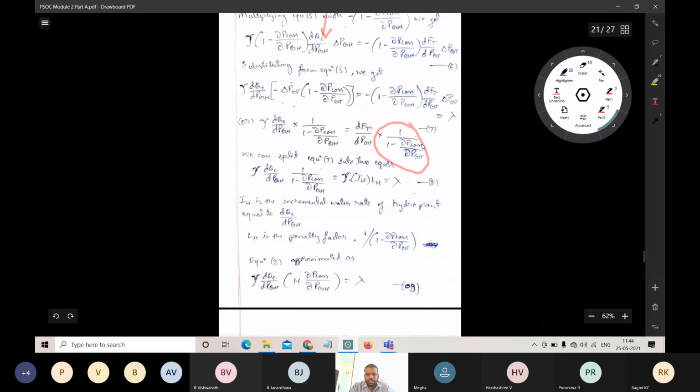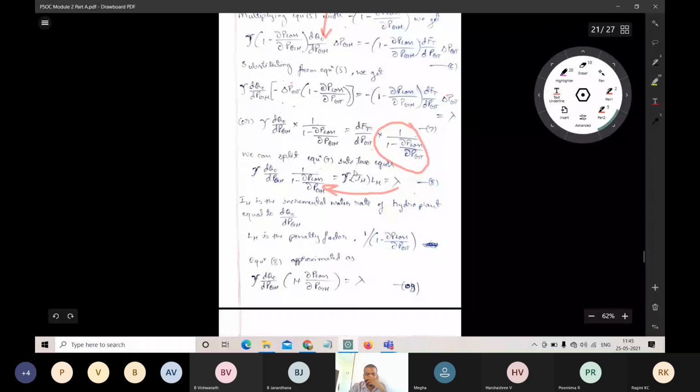If you resubstitute this equation, then what does it give? After resubstitution, gamma dQ naught by dPgh and 1 plus dou P loss by dou Pgh equals gamma. So lambda can be written in two ways: lambda equals this one, or lambda equals gamma IH LH.